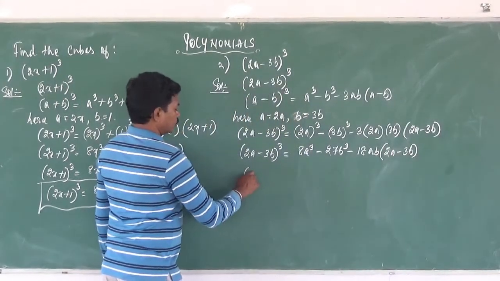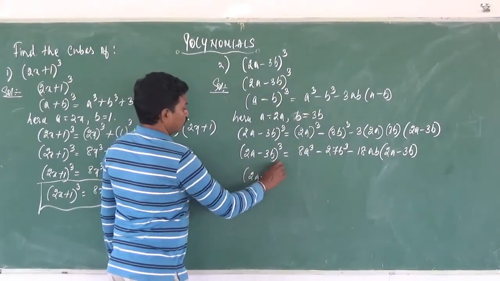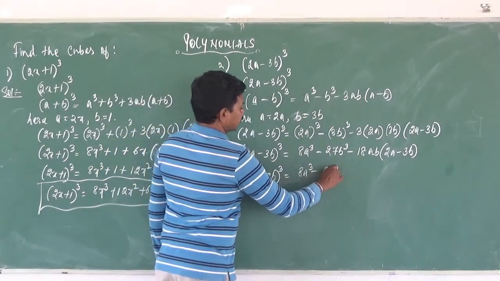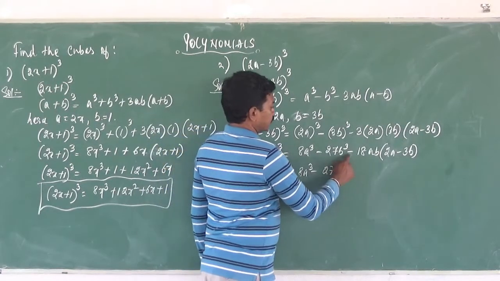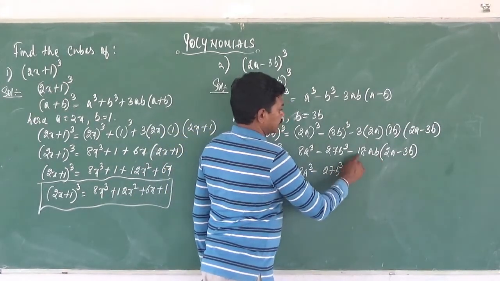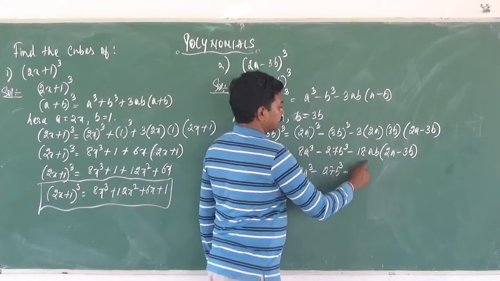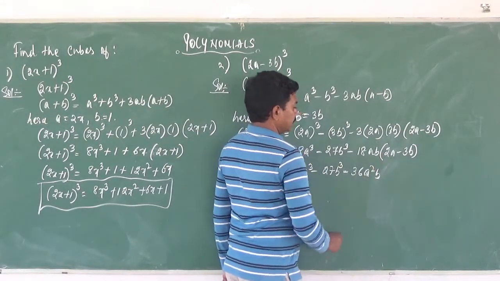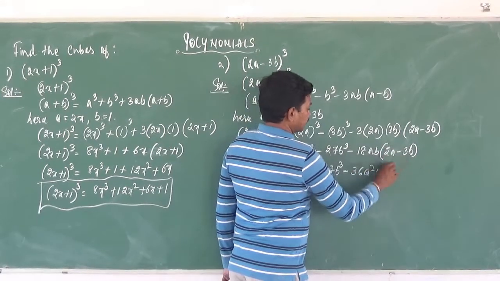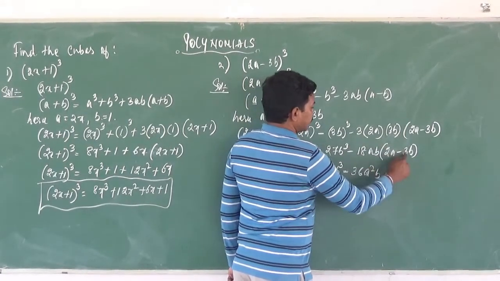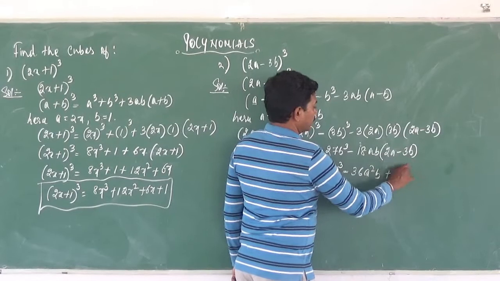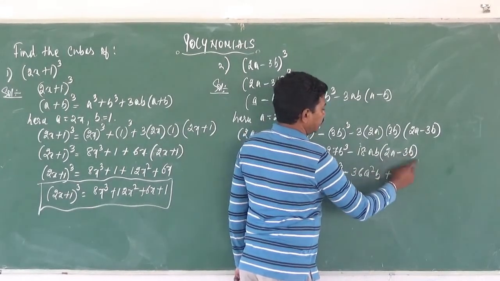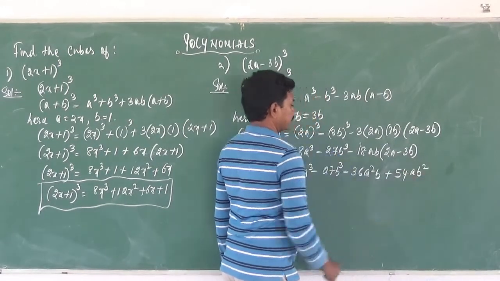Okay, so 2a minus 3b whole cube is equal to 8a cube minus 27b cube minus, minus into plus is minus, 18 2s is 36, a into a is a square, b remains in the same manner, minus into minus is plus, 18 3s are 54, ab into b is a b square.